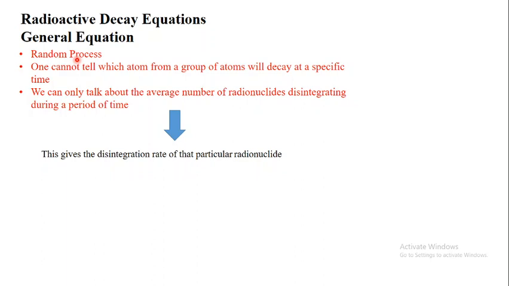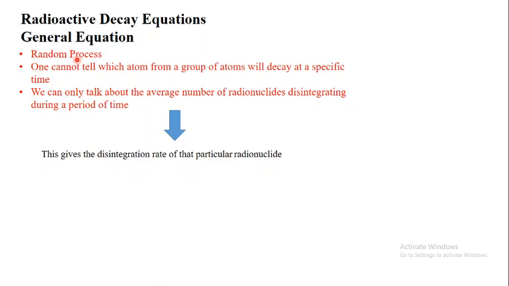after a certain period of time, that is called half-life, that is called mean life, all these terms are associated with radioactive decay, and the expression of these terms in the form of equations are called radioactive decay equations.